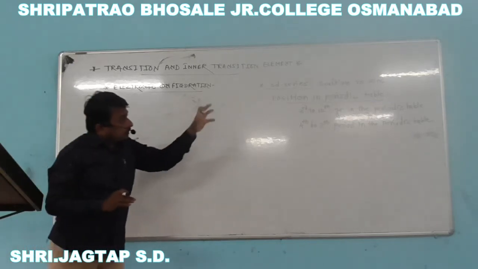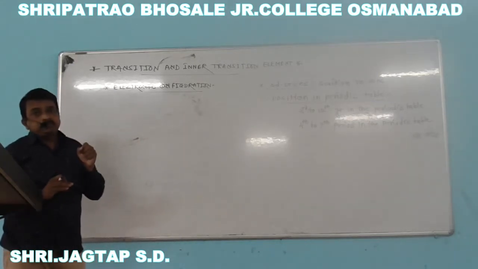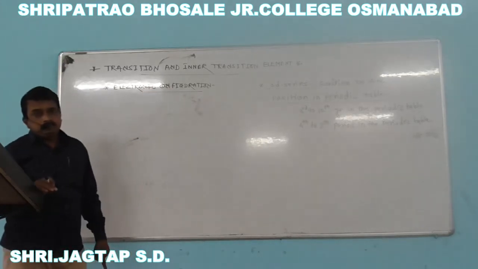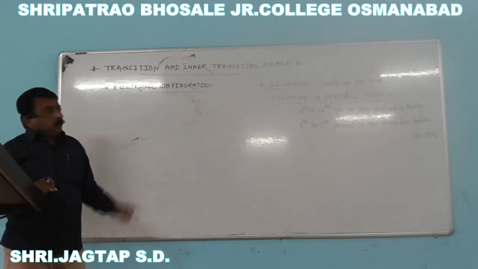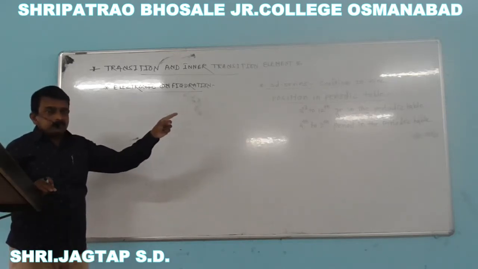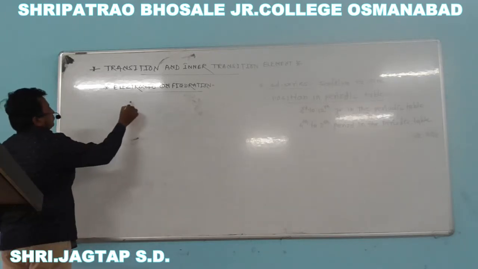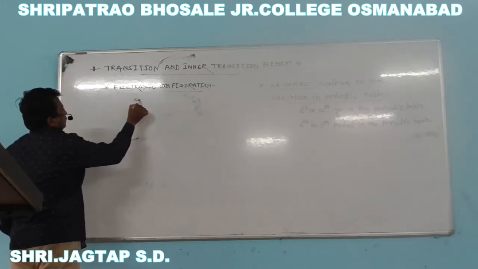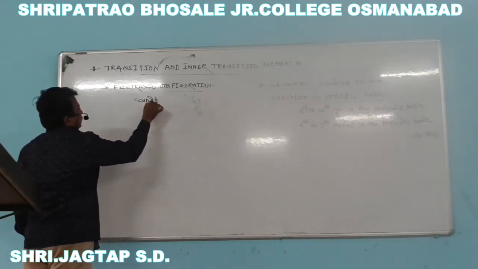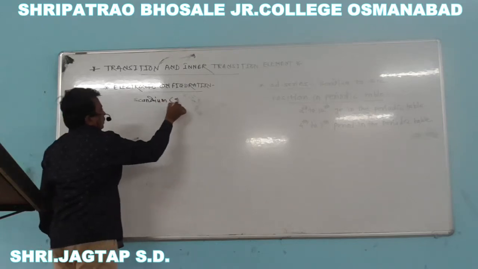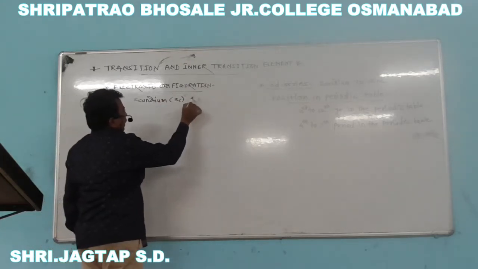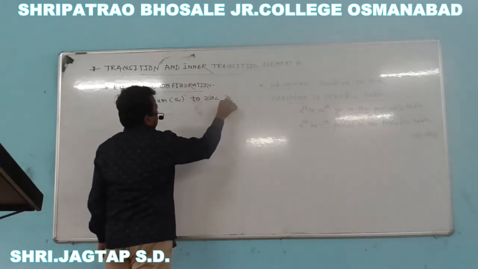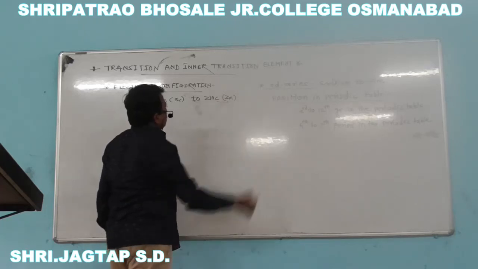As the 3d series consists of 10 elements starting from scandium and ending with zinc, in the 3d series the first element is scandium, symbol Sc, and it ends with zinc, symbol Zn.